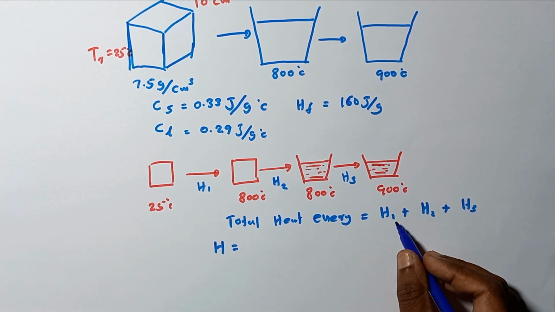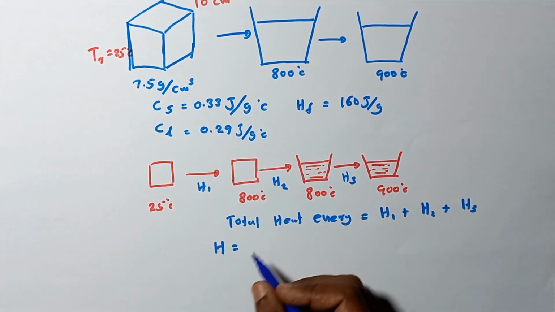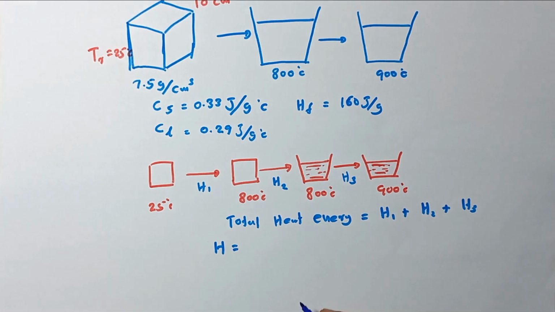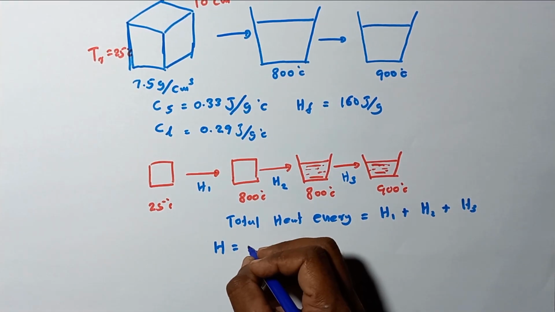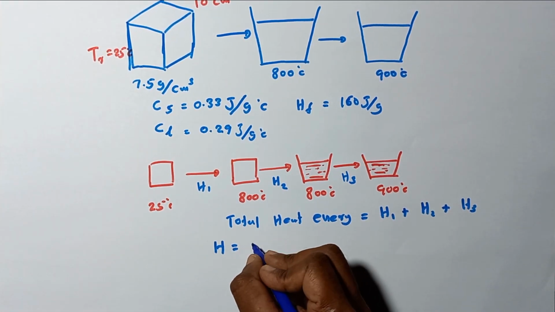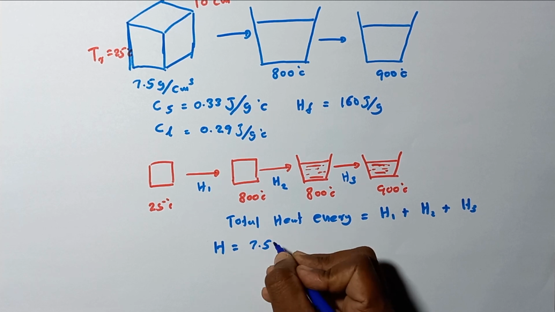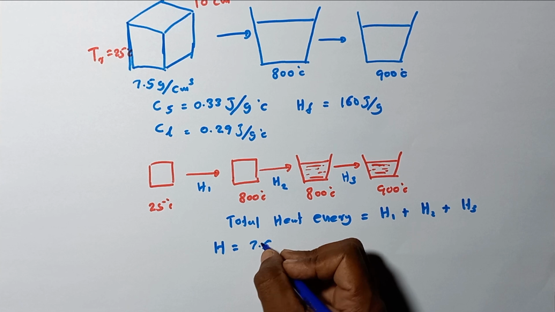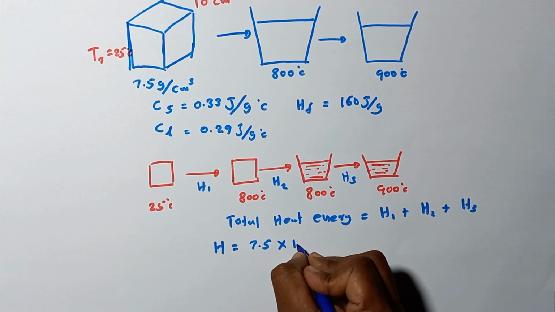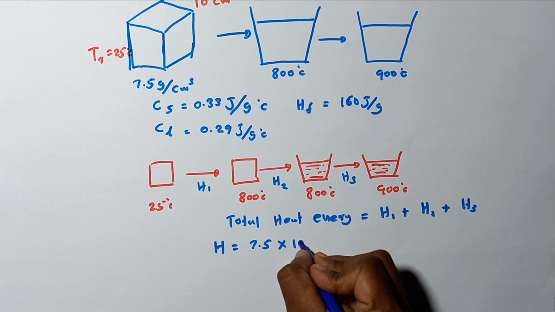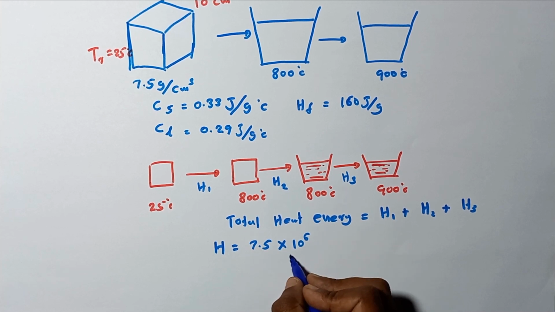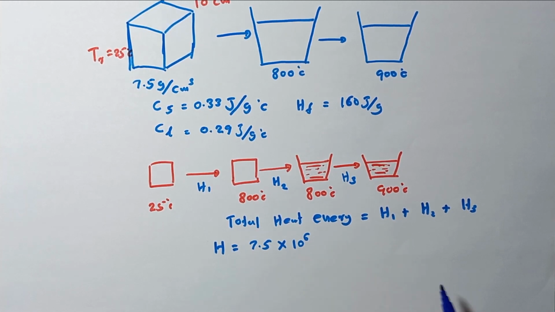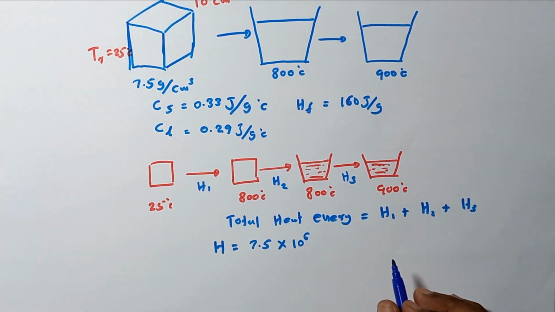So how to calculate H1? We can use m c delta theta. Here for the cube, what is the weight? 7.5 gram per cubic centimeter, and the total volume is equal to 10 to the power of 6, so this is in grams. This is the weight of the cube.